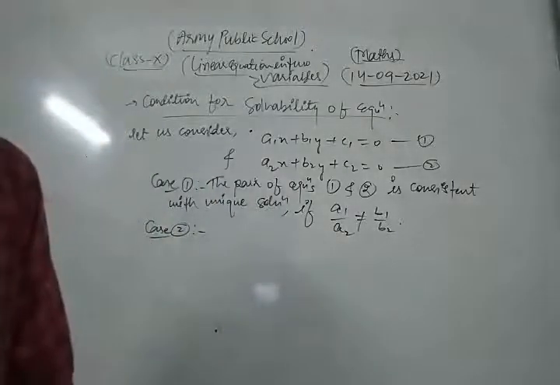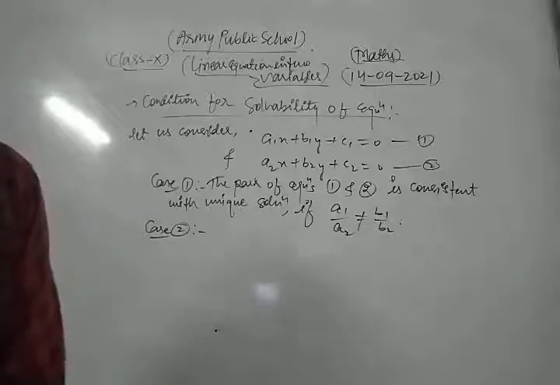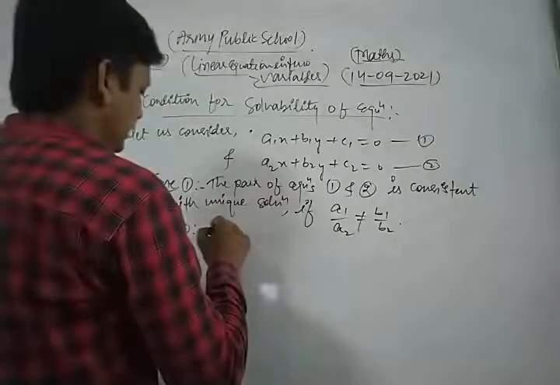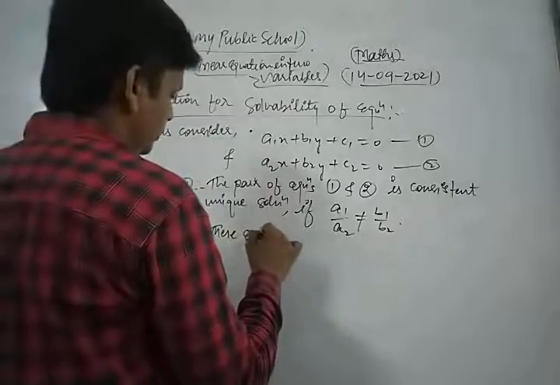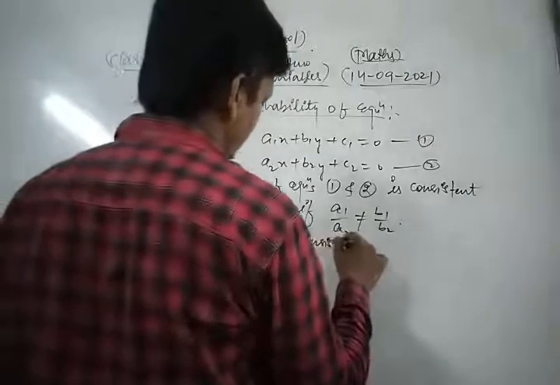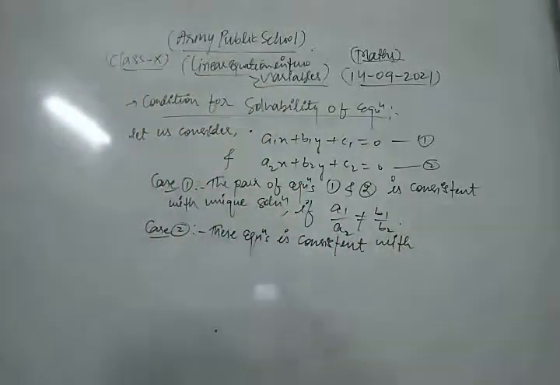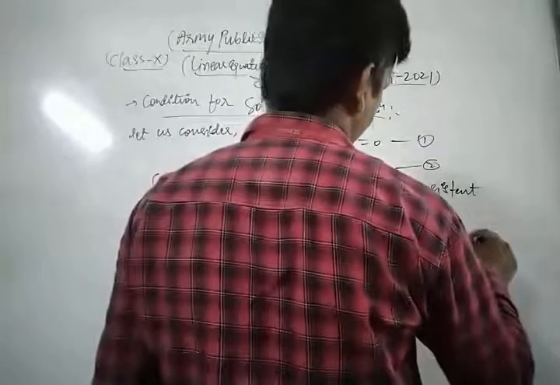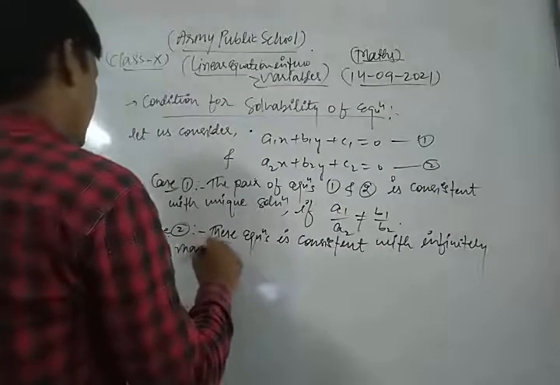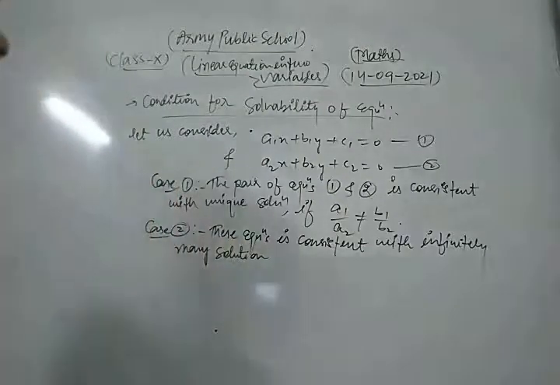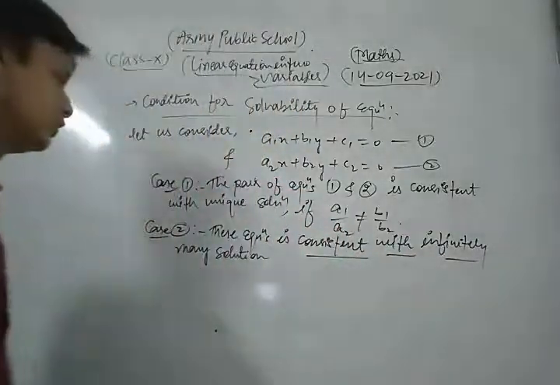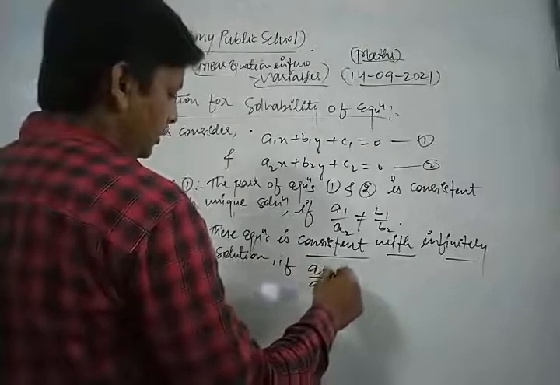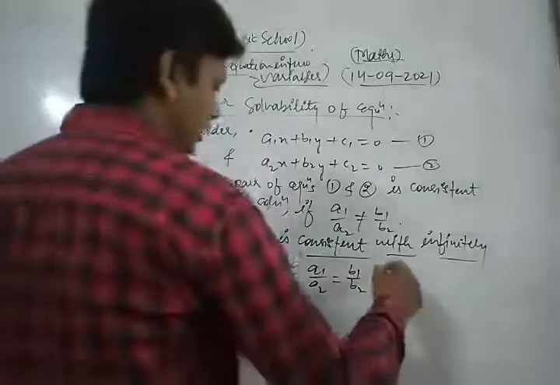Okay, now case 2. Dear friends, in case 2, the pair of equations is consistent with infinitely many solutions if a1 upon a2 is equal to b1 upon b2 is equal to c1 upon c2.